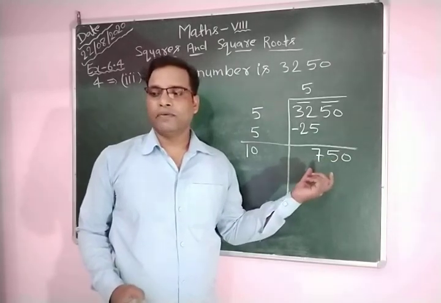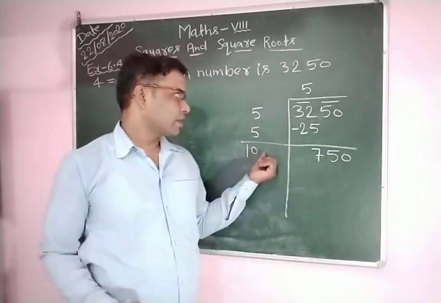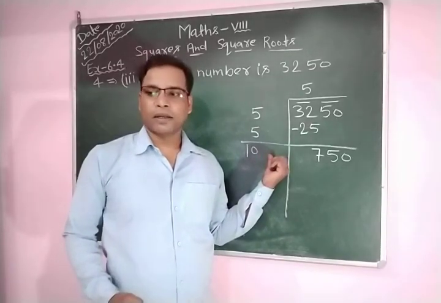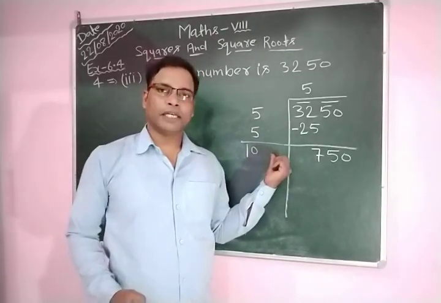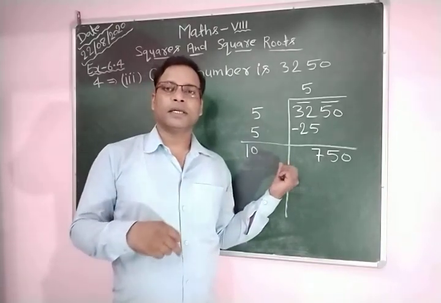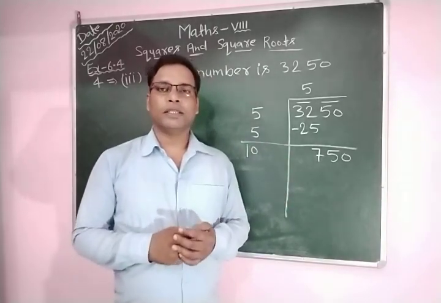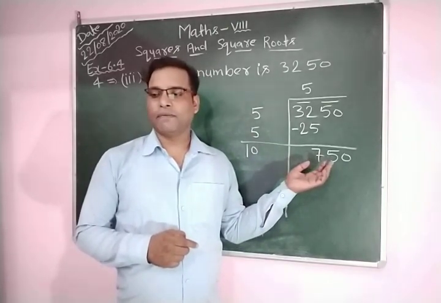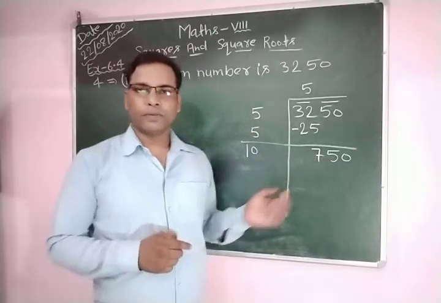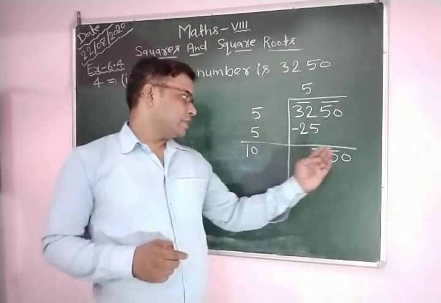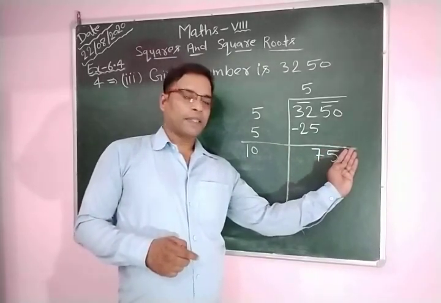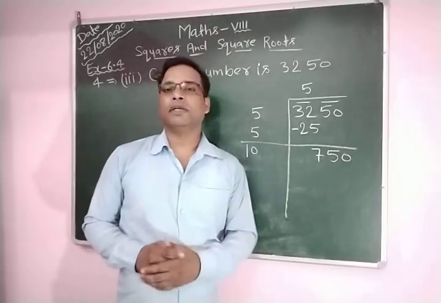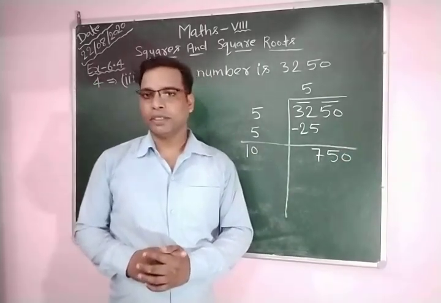Again we take a number here, so that when we multiply the new divisor by this number, we obtain less than or equal to 750. If you hide the 0, you can see 75. If you divide 75 by 10, then you obtain 7.